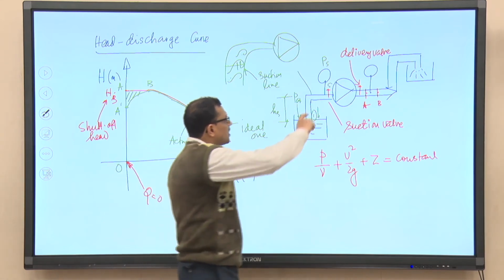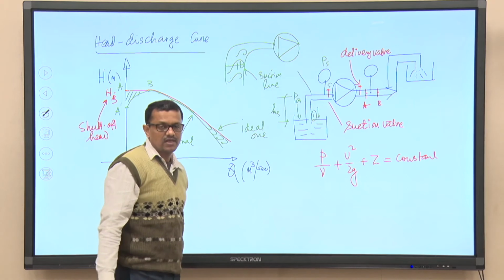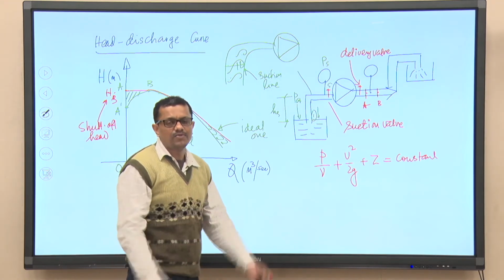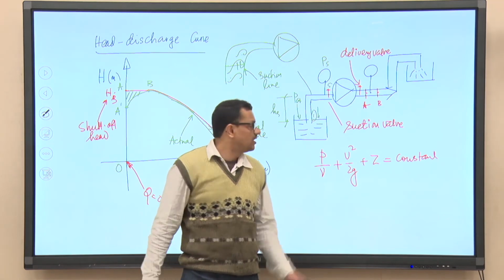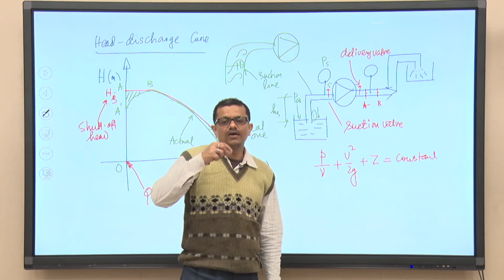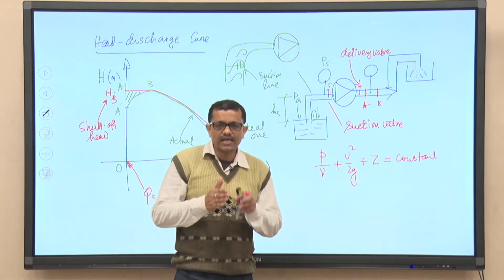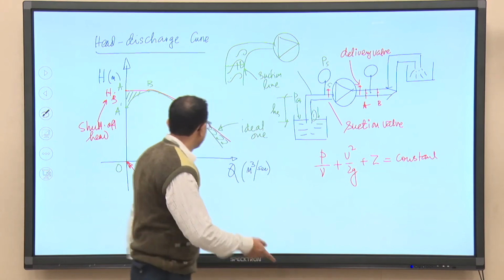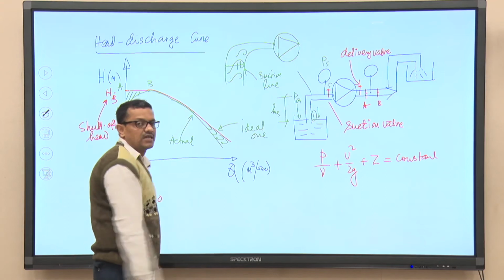Also, the delivery valve is not fully open always, and that will be done by the operator to control the flow rate depending upon the requirement at site. So, that opening and closing of the delivery valve by the valve needle will create blockage to the flow path, and that will again lead to this kind of separation losses.